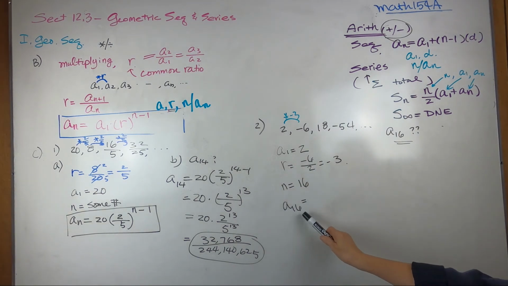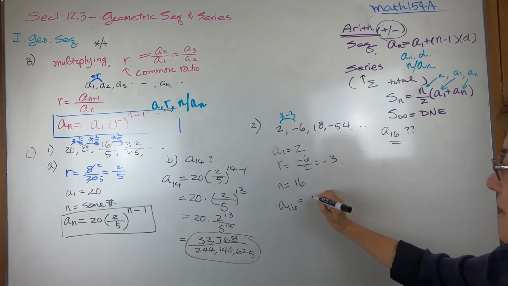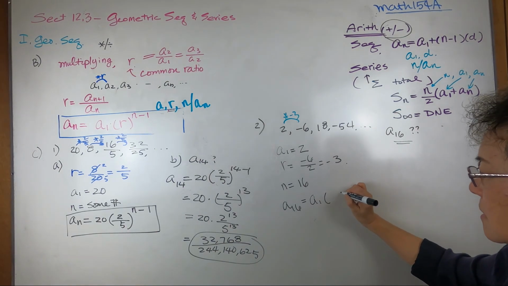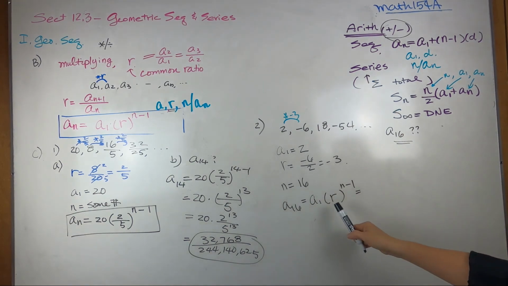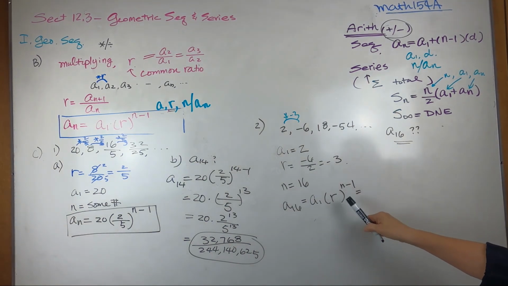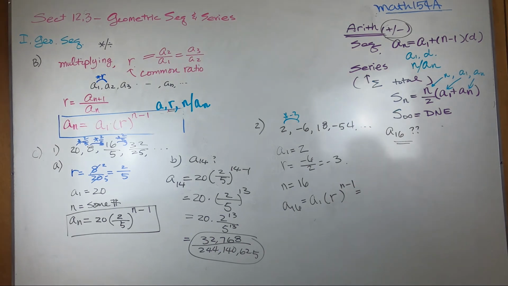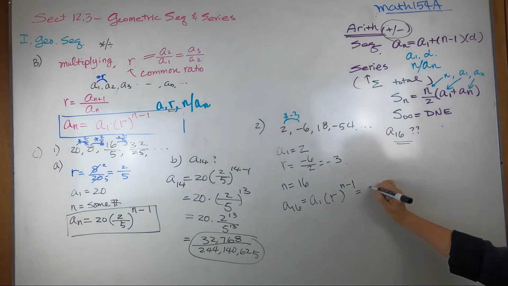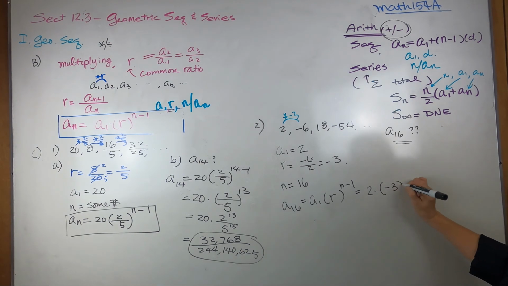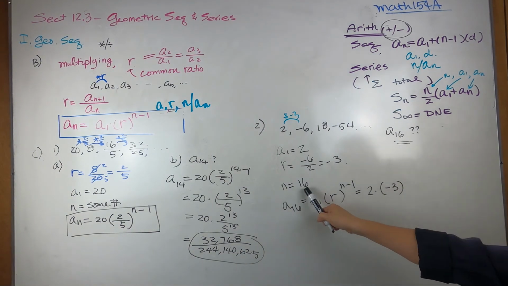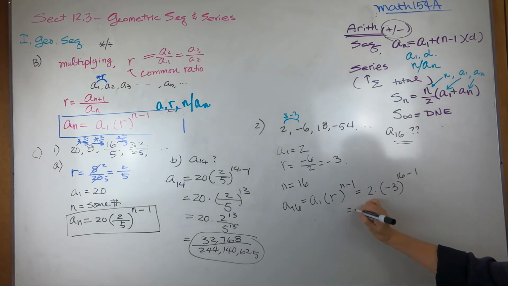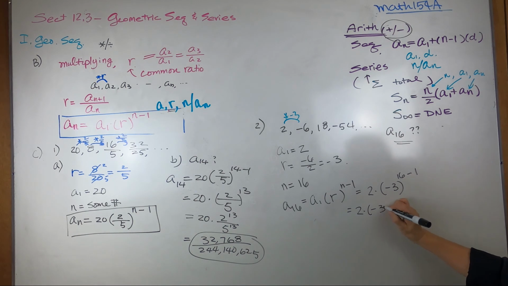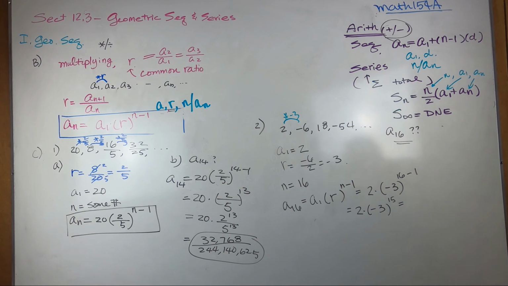So we plug in: A1, R to the N minus 1, right? That's why we also put parentheses for it, because sometimes we have a negative number. So A1 is 2, R is -3, N is 16, so 16 minus 1. So we have 2 times -3 to the 15th power. It's a negative number. Okay?